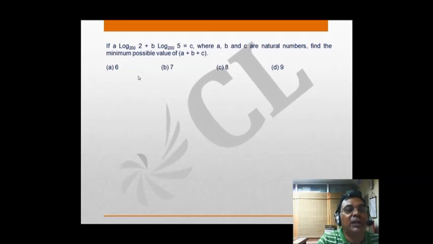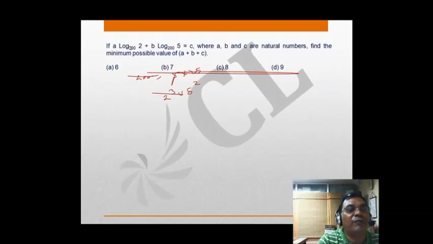If you see, 200 is equal to 8 into 25. So 2 to the power 3 into 5 square.